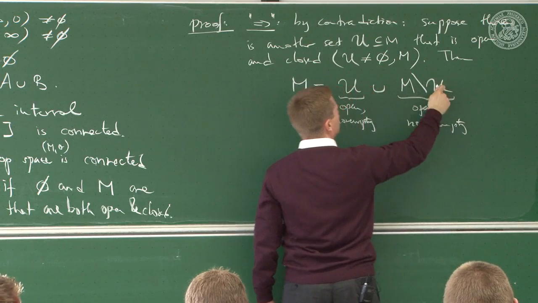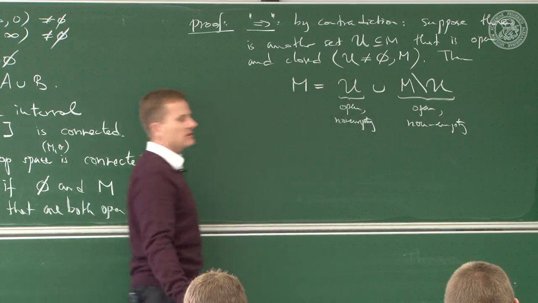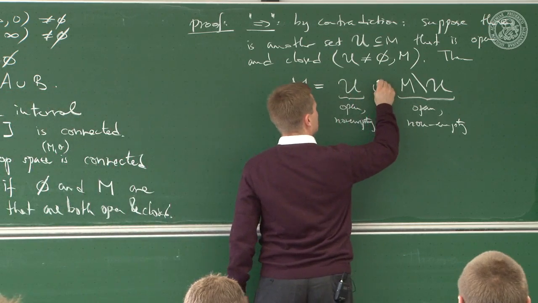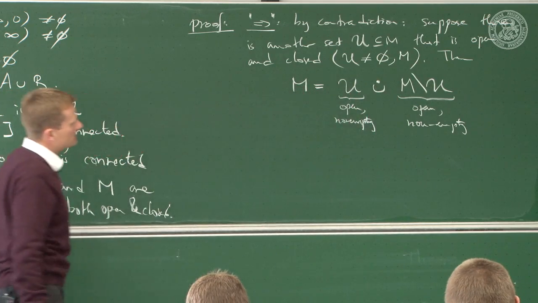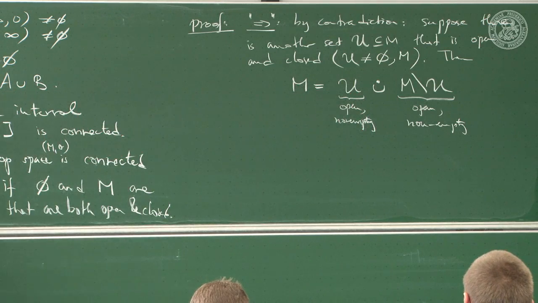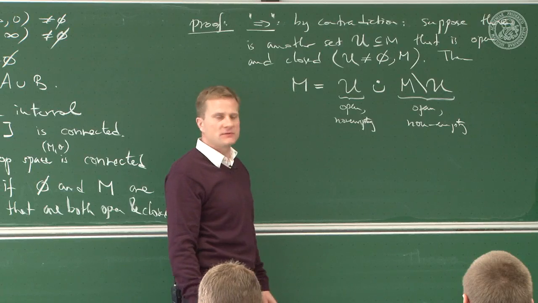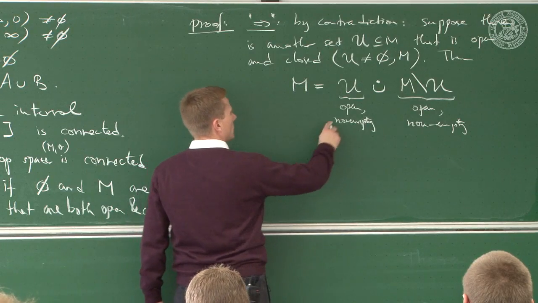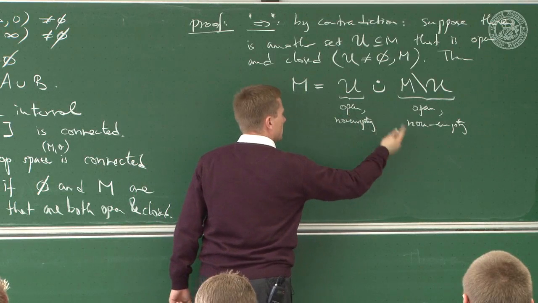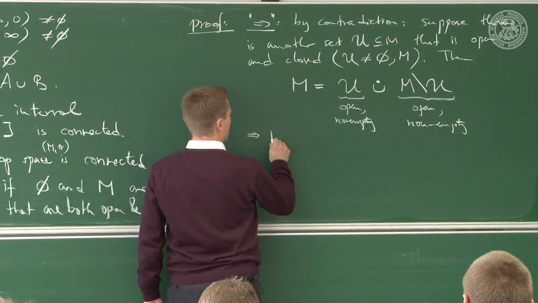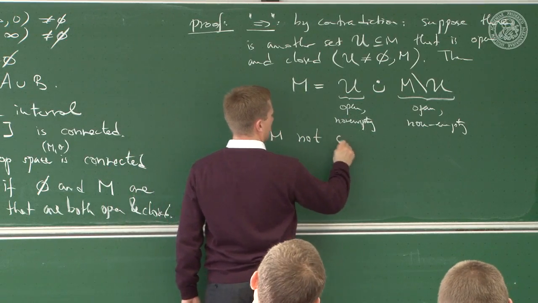It could only be empty if U was M, but U equals M is also excluded. And by construction, it's a disjoint union. U has no intersection with M without U. So in fact, we found a decomposition into open, non-intersecting, non-empty subsets, which means M is not connected.